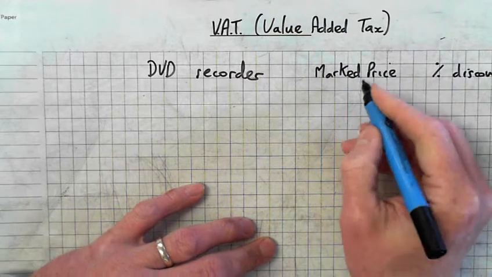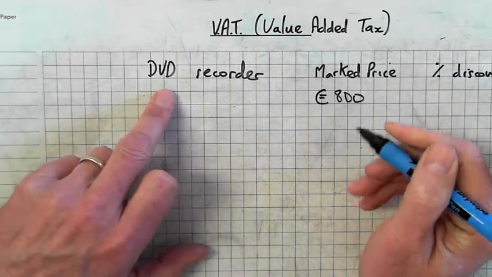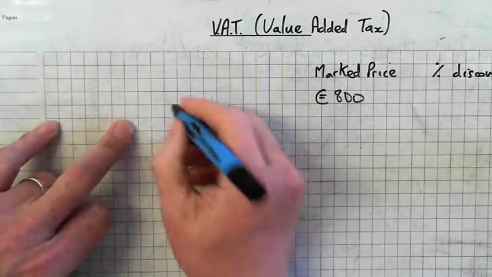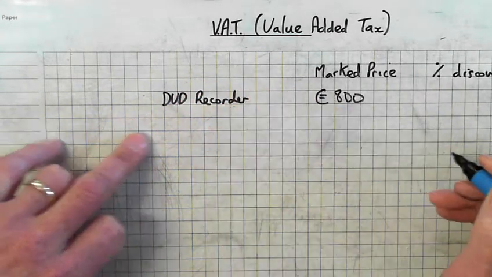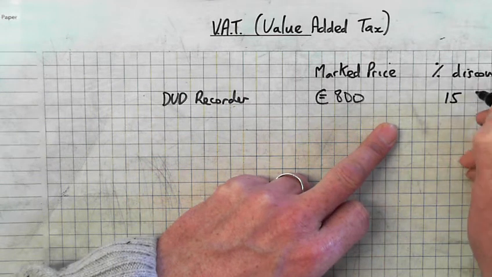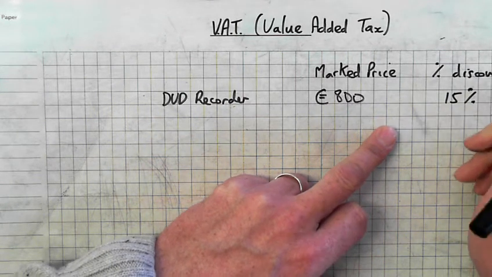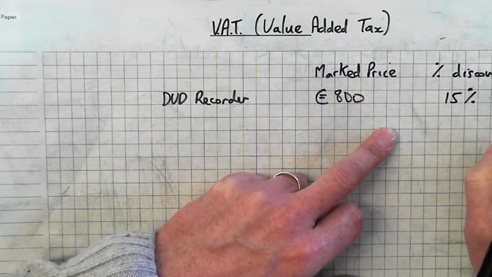So the marked price is the price that you see when you walk into the shop that's actually on the DVD recorder. And the discount that's offered in the shop is 15%. So without using a calculator, find the sale price of each of the articles.